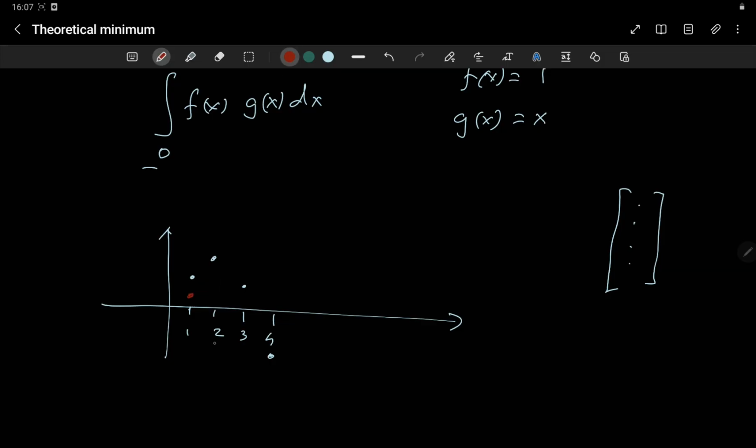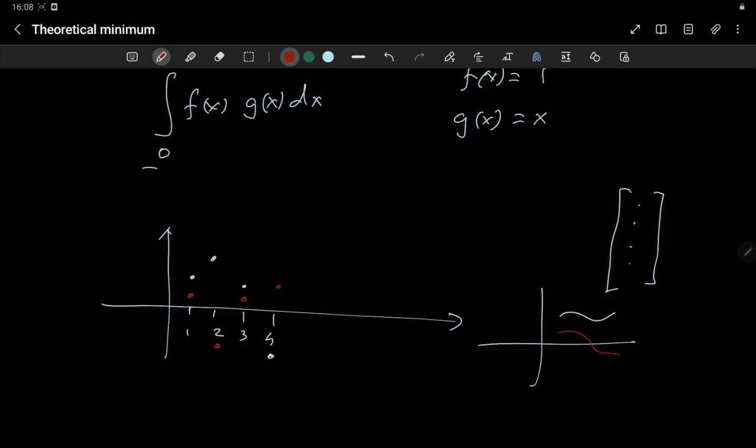Here you have a function over an interval and another function over that interval.